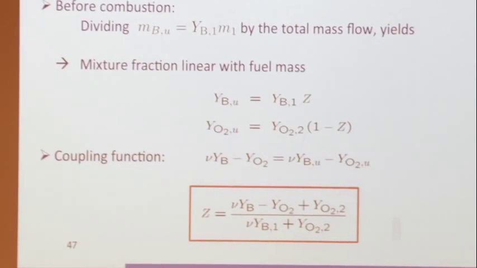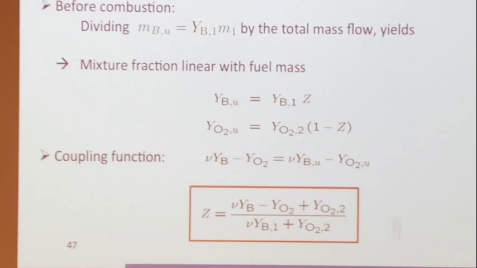But the coupling function relates unburned to burnt, okay? And so we just replaced the unburned values here by mixture fraction. The unburned values could be written in terms of equivalence ratio, but we replace them by mixture fraction, and then we get this, which means these here are the values in the flame.